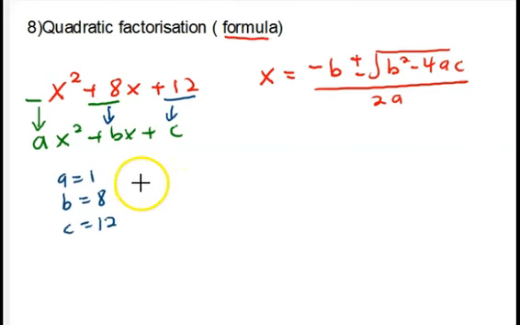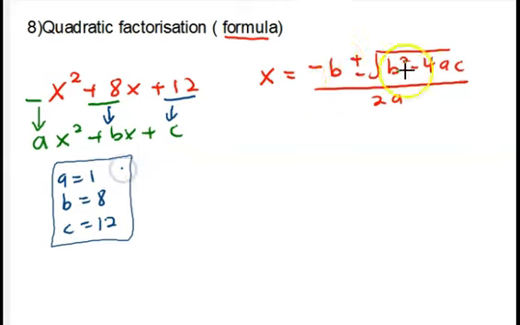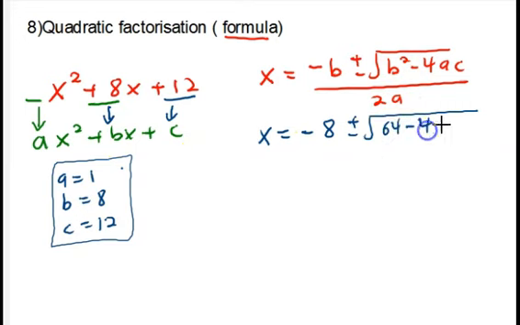Okay, so we are going to take all these values and substitute them into this formula. So here we will have negative 8 plus minus, and we substitute straight away. 8 squared is 64, minus 4, a is 1, so we don't have to bother with it. c here is 12, over 2a, so it's 2.